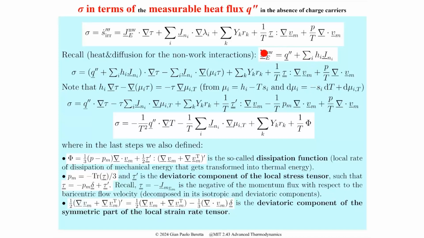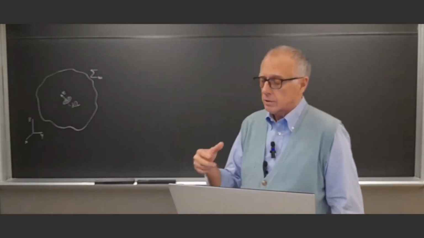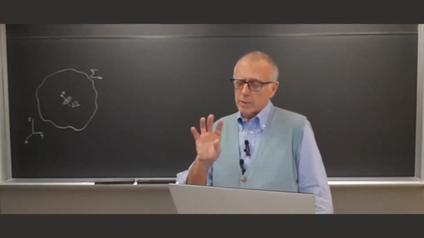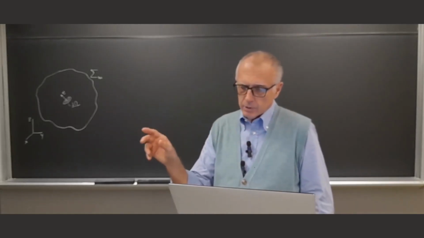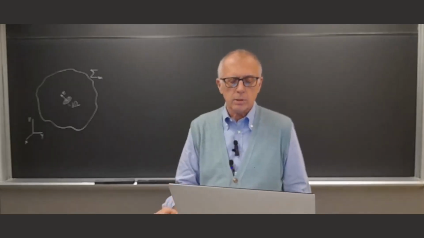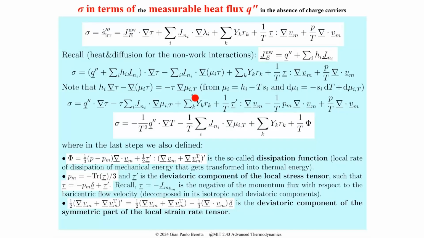So we substitute this into there. We also use a relation that I think we've discussed: when you write the differential of the chemical potential, you can separate the part that depends on temperature and the part that changes at constant temperature, so it depends on pressure and concentrations. And so we keep that part written this way.